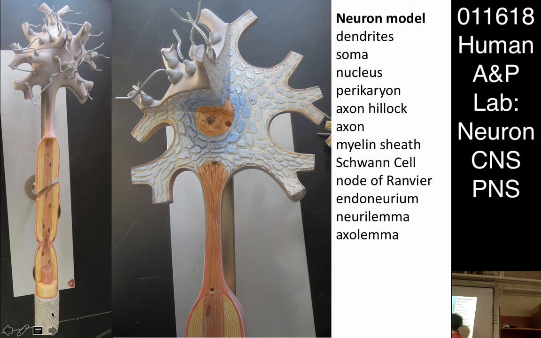And they impinge on the soma, the Greek word for body, or the cell body. And at the center of the soma, we see the nucleus. I notice on here that I don't have synaptic bouton, but I should.